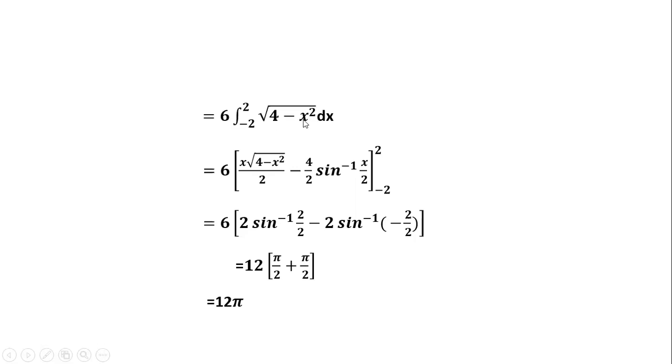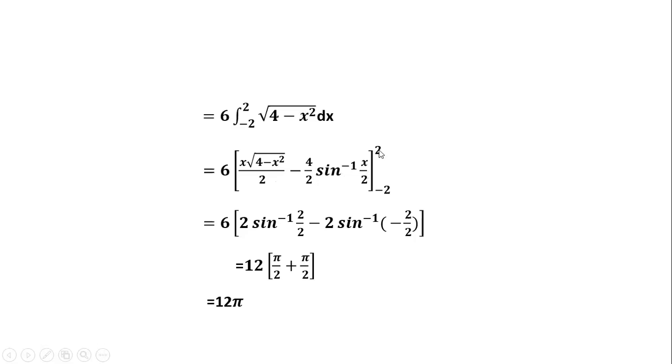It is a standard form, that is, integration of square root of a square minus x square is equal to x into square root of a square minus x square by 2 plus a square by 2 sine inverse x by a. So, putting this standard formula of integration, we will get this equation.